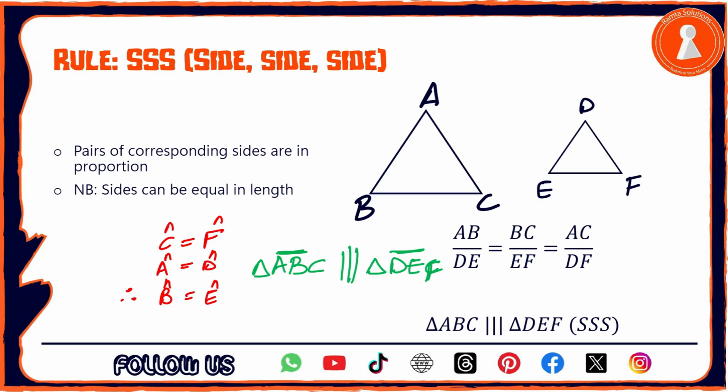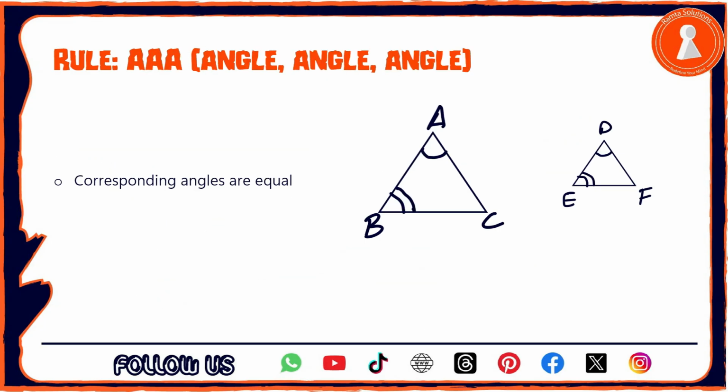Perfect. Now, let's go to triple A. Angle, angle, angle. Now with angle, as you can see, you are given angle A is equal to angle D, angle B is equal to angle E, angle C is equal to angle F. And I believe this is easy to tell.